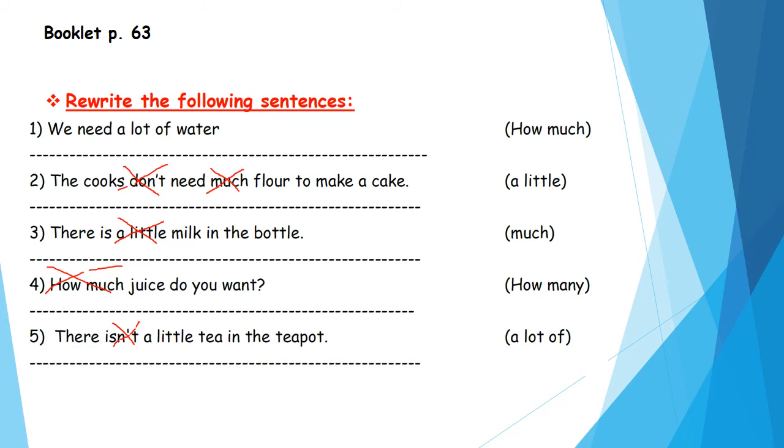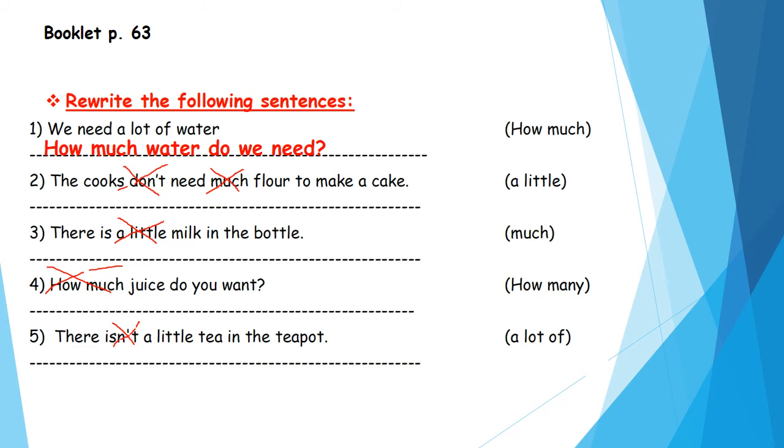We know that we use how much to ask about uncountable nouns. So we'll say what? First we'll start by the how much, okay? After that the uncountable noun. Water. How much water? Yes. Do we need?